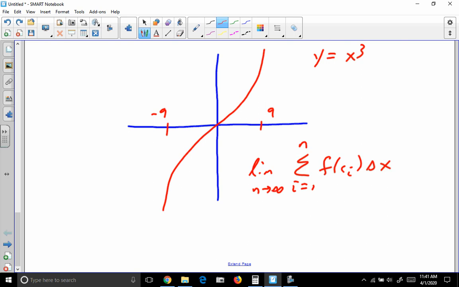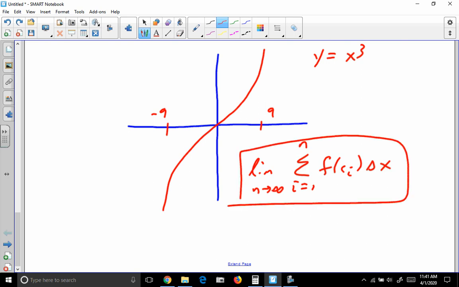And while the Riemann sum we originally set up as being the area, that sum is not always the area between the curve and the x-axis. This is only the area if f is greater than or equal to 0 throughout the entire interval.